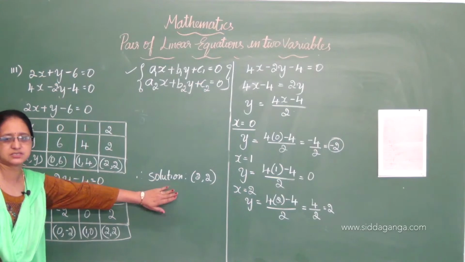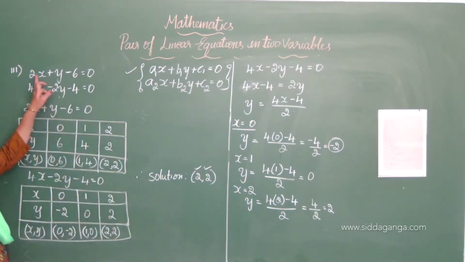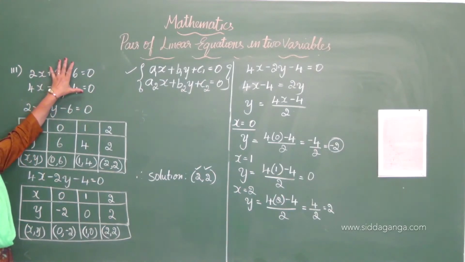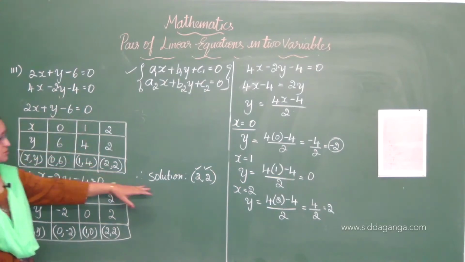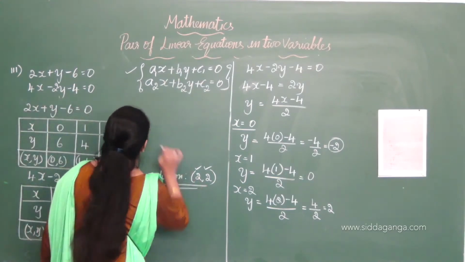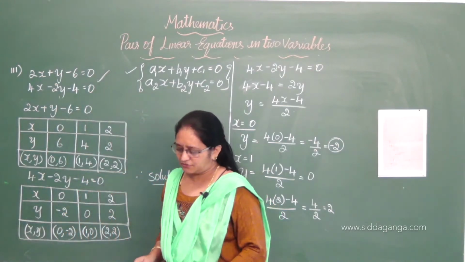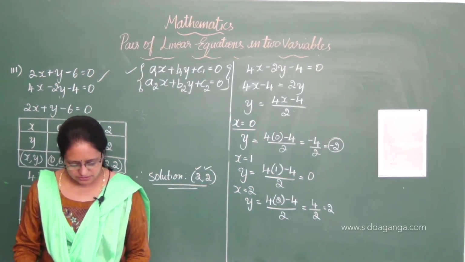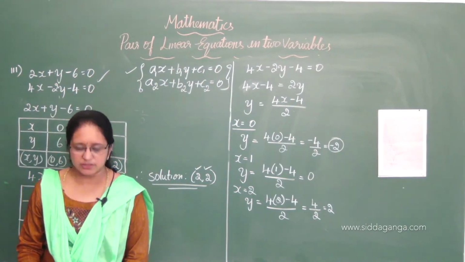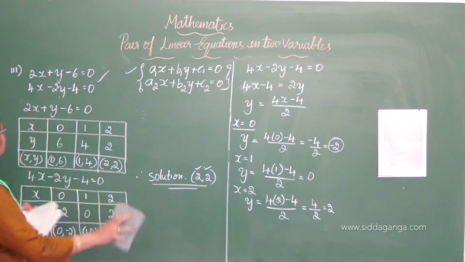If you put this value of x and y here, it has to satisfy both the equations. So that is called the solution of this pair of linear equations in two variables. And finally one more, the last one in your textbook, where we will check whether it is consistent or inconsistent. Let us check now.